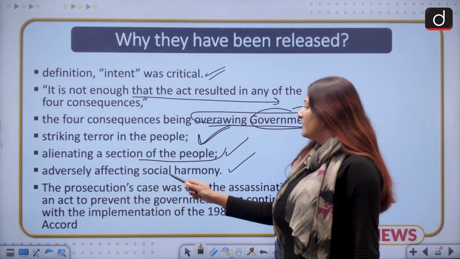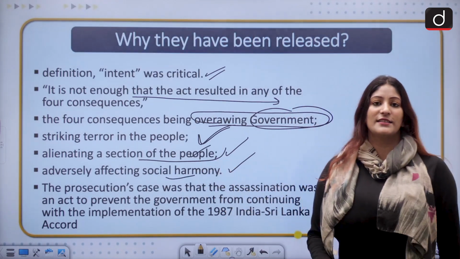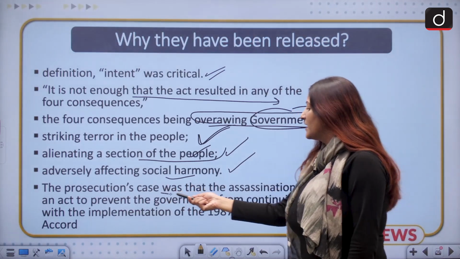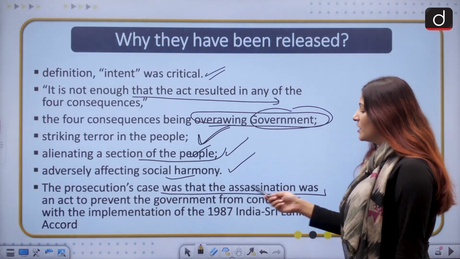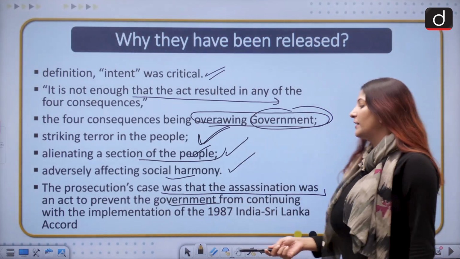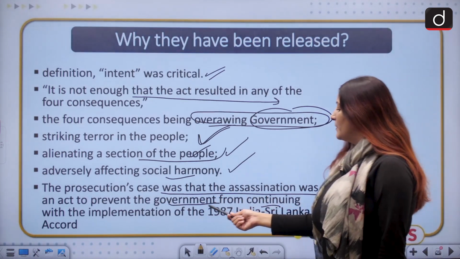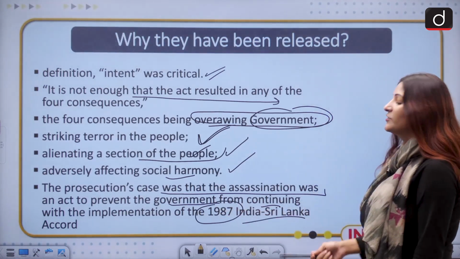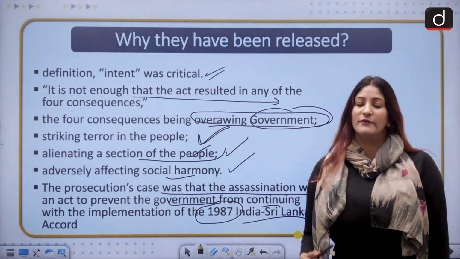Again, adversely affecting social harmony and alienating a section of the people: although the prosecution's case was that the assassination was an act to prevent the government, if Rajiv Gandhi could come again into power in 1991, from continuing the implementation of the 1987 India-Sri Lanka Accord, which he would have definitely done.